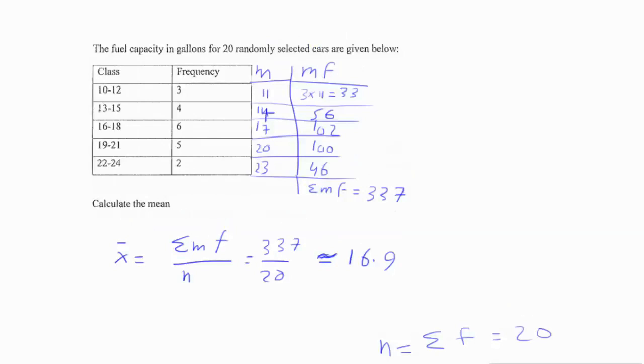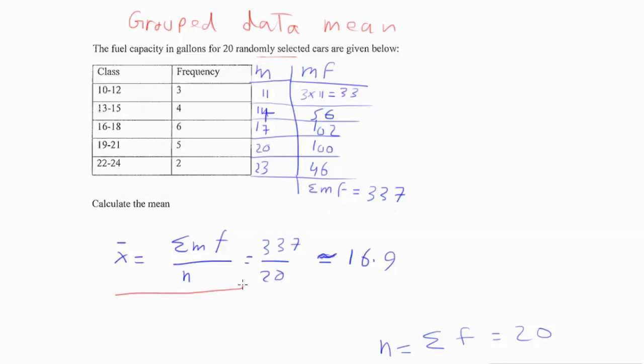Let's write that as grouped data mean. Of course, here I have sample data because of the words randomly selected, so that's a sample mean, but the formula will be the same for population data mean as well. So that's the formula for grouped data mean, very simple.